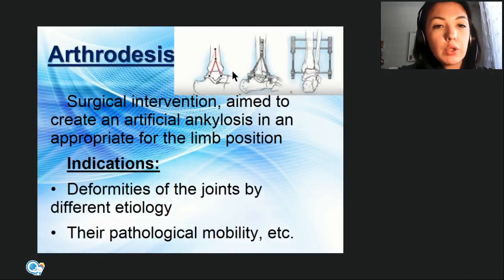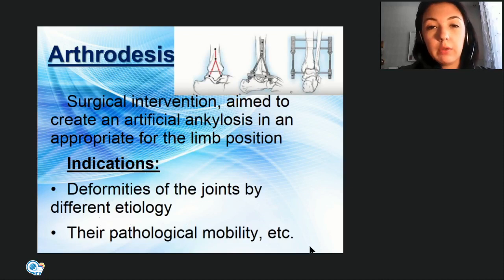And so the last surgery is arthrodesis. It is surgical intervention aimed to create an artificial ankylosis, artificial immobility of the joint in an appropriate for the limb position. So indications: deformities of the joints by different etiology and their pathological mobility.